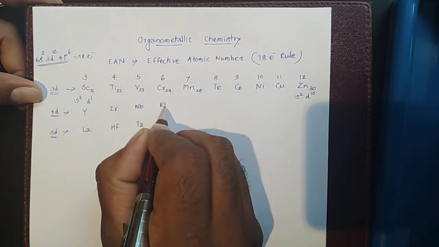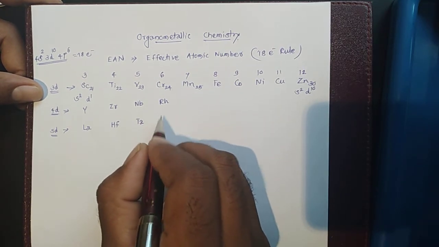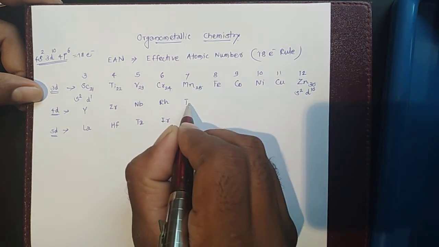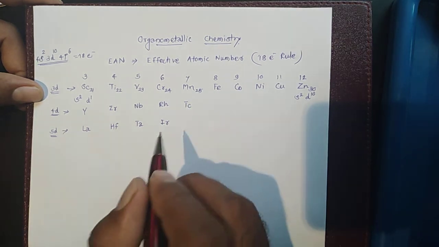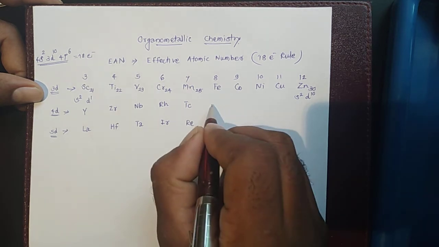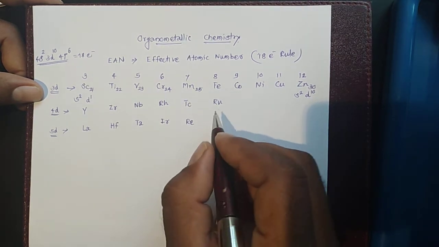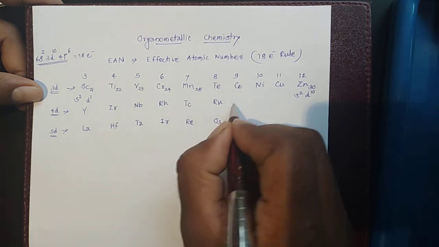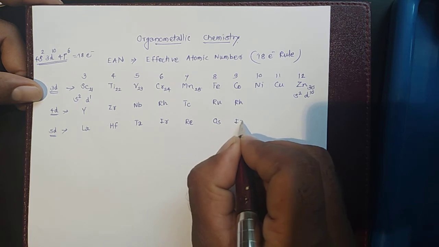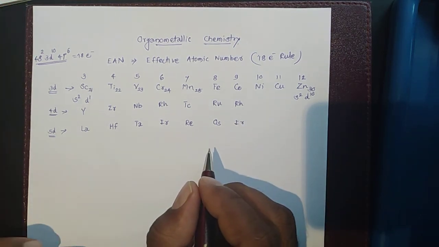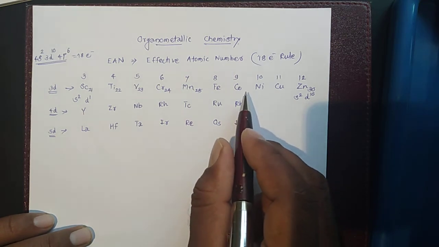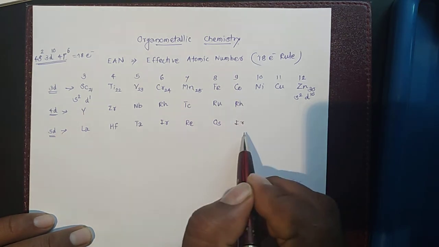Then this is rhodium, iridium, I think this is technetium, rhenium, ruthenium, osmium, rhodium. I think here cobalt, rhodium, iridium is correct.